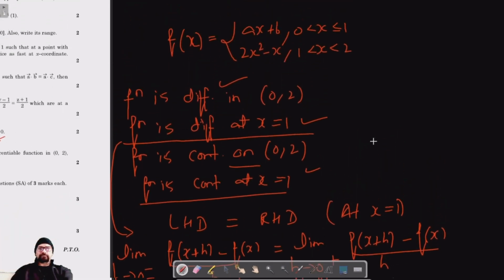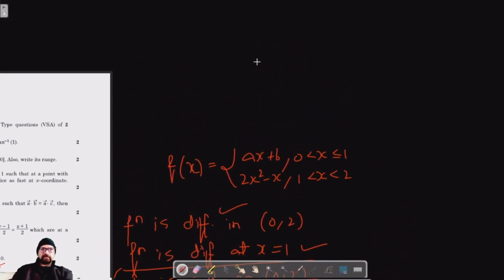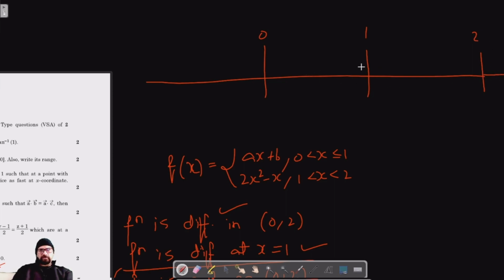Okay, now for the left hand derivative, our function on the number line looks like this. Let's say 0, 1, and 2. Between 0 and 1, the function is ax plus b, and between 1 and 2, it's 2x square minus x.